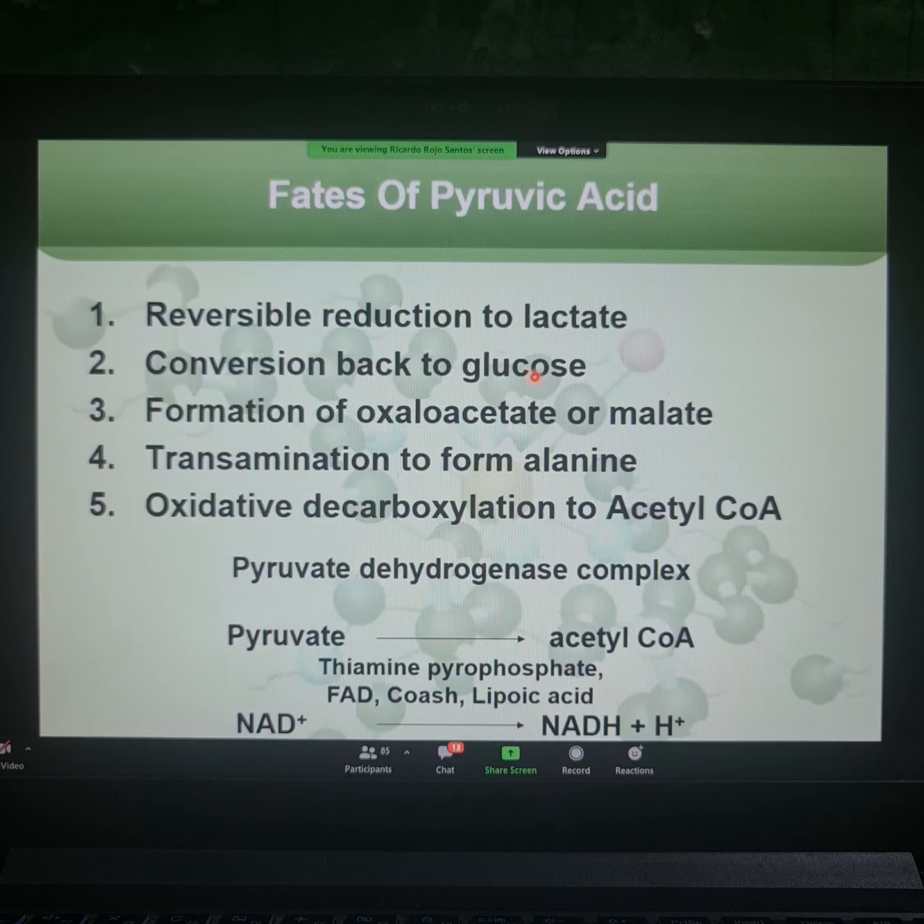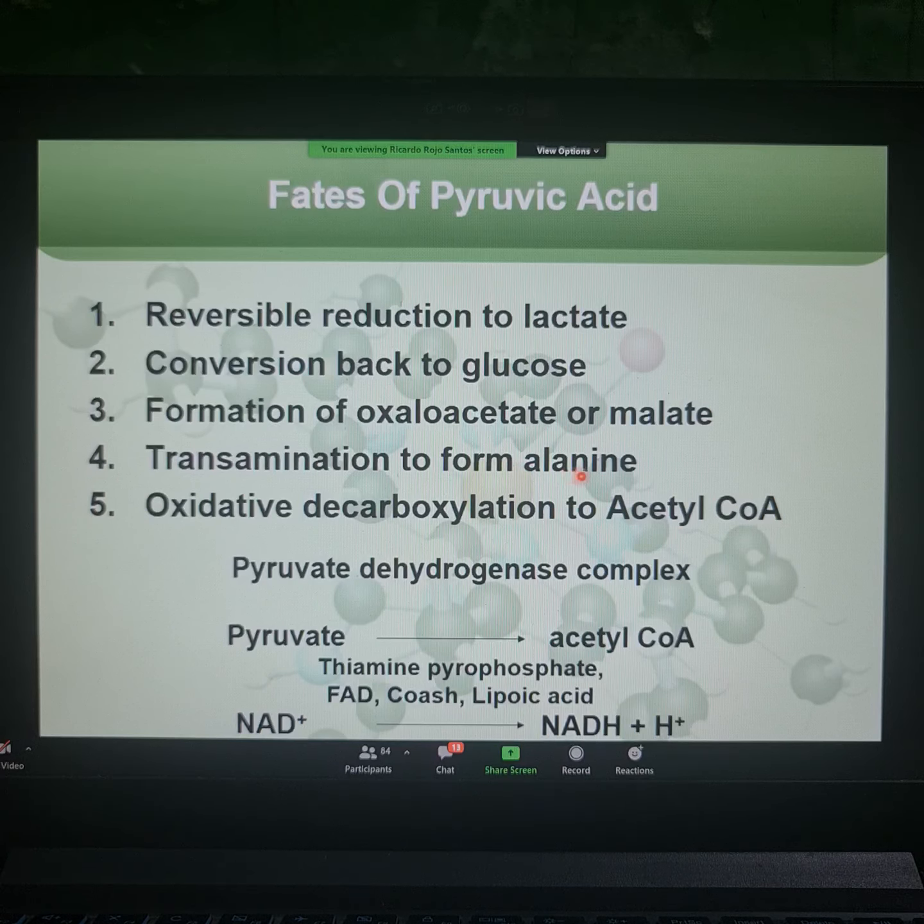Conversion back to glucose. How? Gluconeogenesis, by bypassing the irreversible steps in glycolysis. You will notice, as I've shown before, that most of the regulation of glycolysis occurs at the level of the irreversible steps of glycolysis.